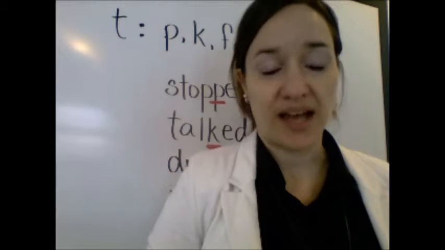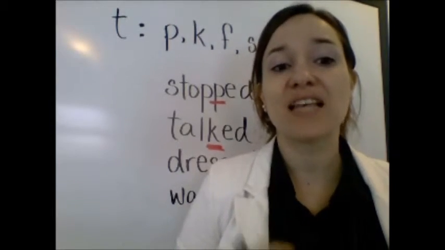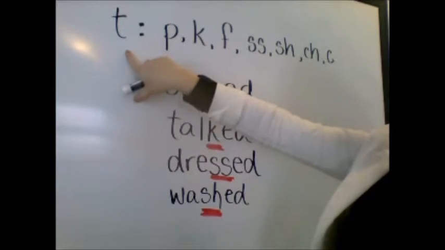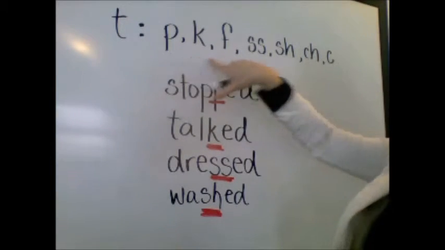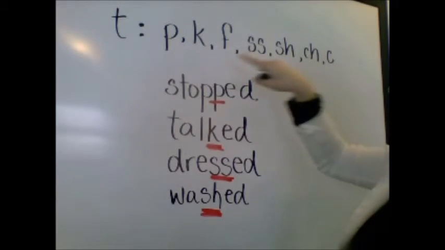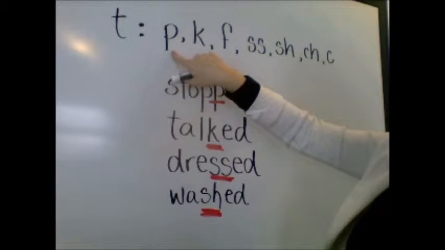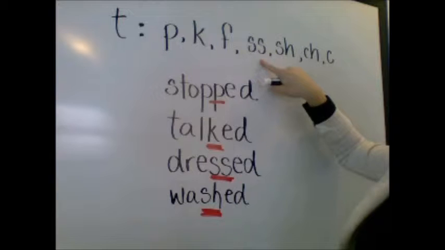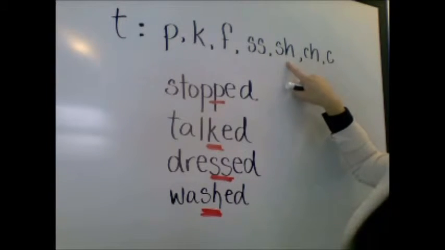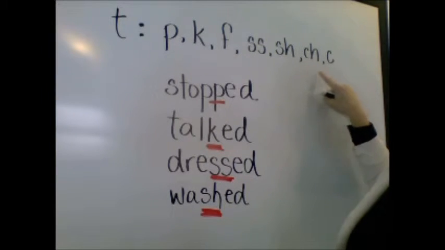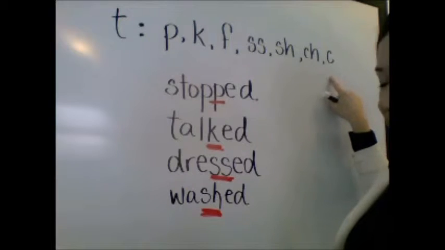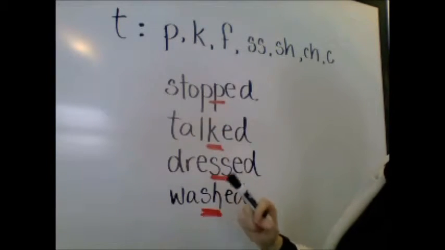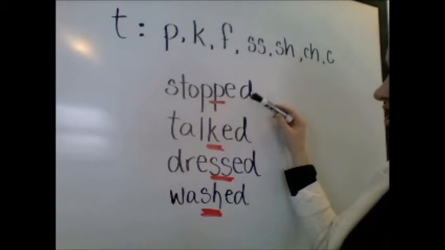The second sound that we'll have will be the ed sounding like a T. Let's have a look. So when it sounds like a T, we have these different sounds before the ed. First, P, K, F, double S, SH, CH, and C. Look at stop. What's the pronunciation of stop in the past?